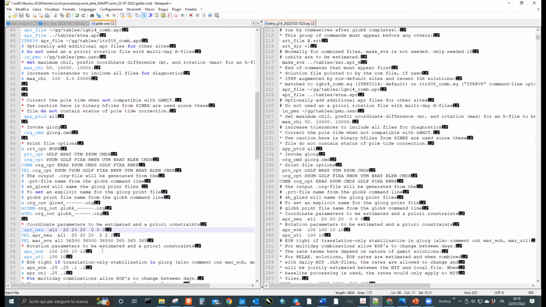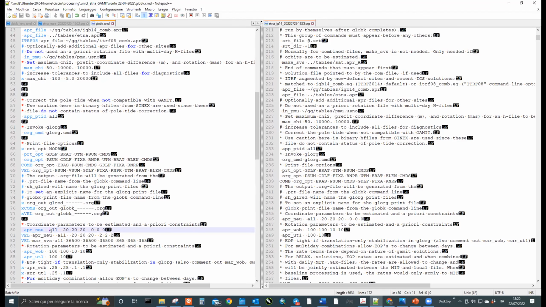Yep, there, right. So this line says for all sites, consider the initial sigma to be 20 meters in X, Y, and Z, and consider the initial velocity sigma to be 0 in X, Y, and Z. Now, the way GlobK interprets that is that you do not want to estimate velocity.